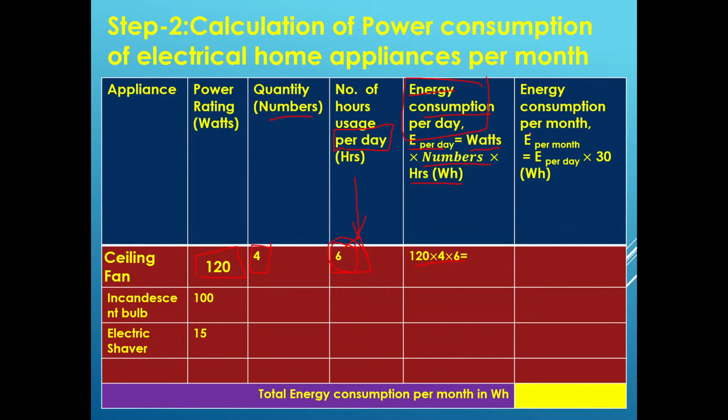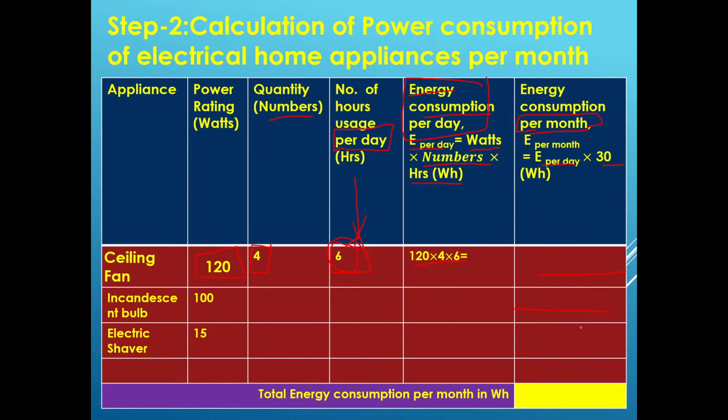If I want the energy consumed per month, I multiply the energy consumed per day by 30. Approximately, let us consider there are 30 days per month.